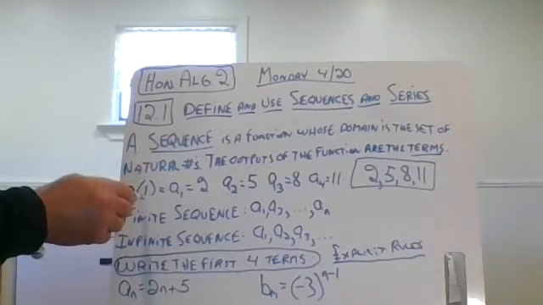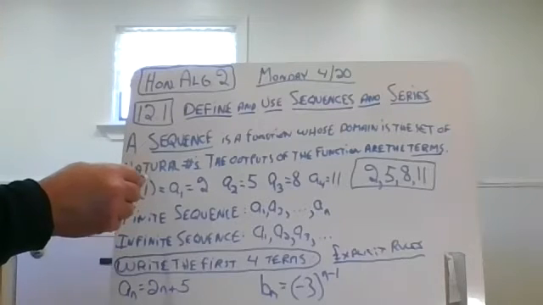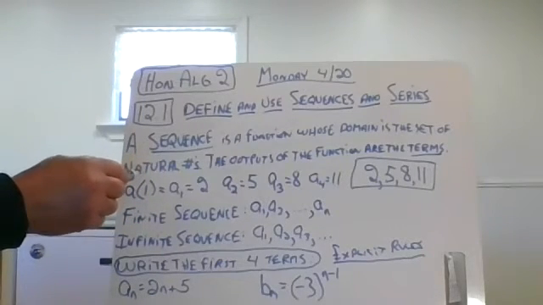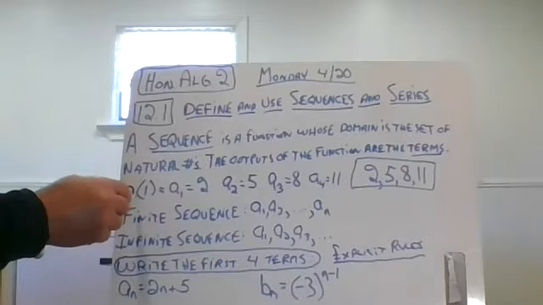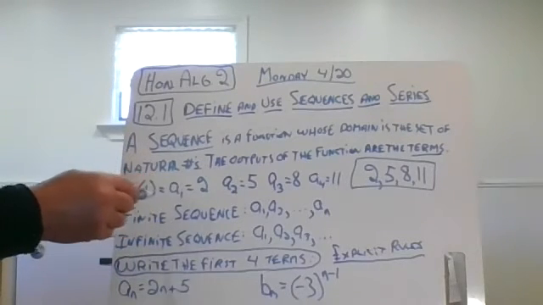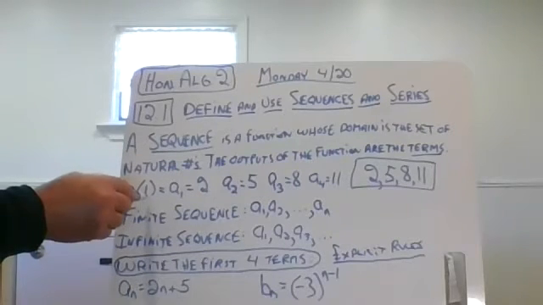Notationally, we know a function is f of x, but that's when x is a domain of all real numbers. Here, our domain is just the natural numbers. And for the function, we usually use letters like A, B, and C, and we would be saying A of 1 would be the function.